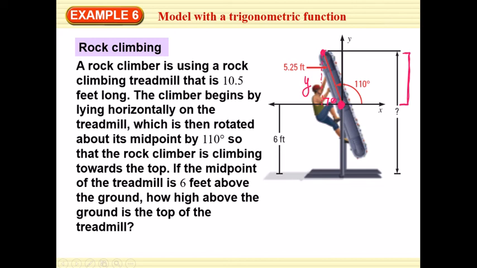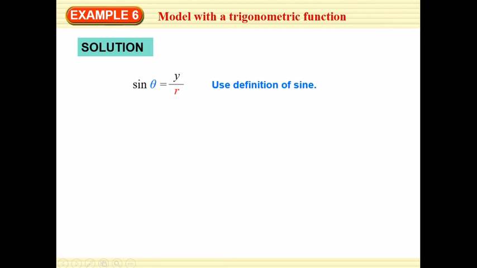If I look at theta, or its reference angle, theta prime, the sine of theta prime is going to be equal to y over that 5.25. Setting that up using the definition of sine, filling in my angle, sine of 110 degrees is going to equal y over 5.25.